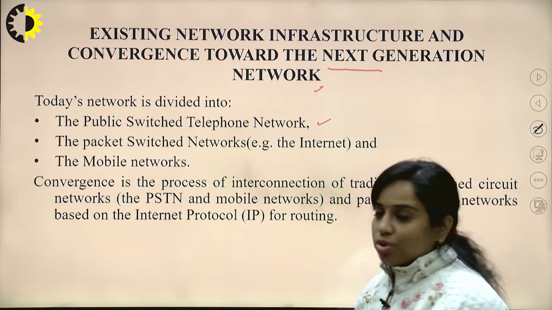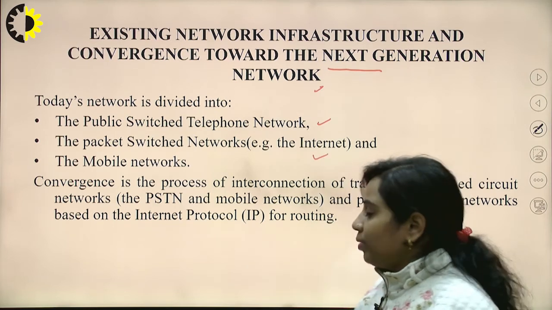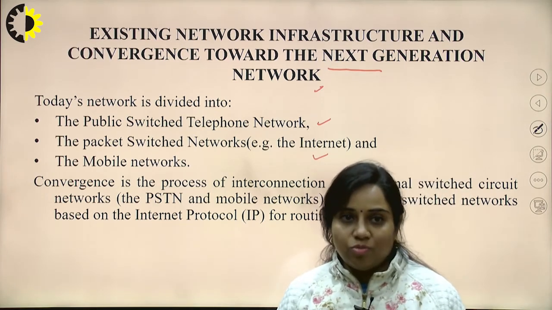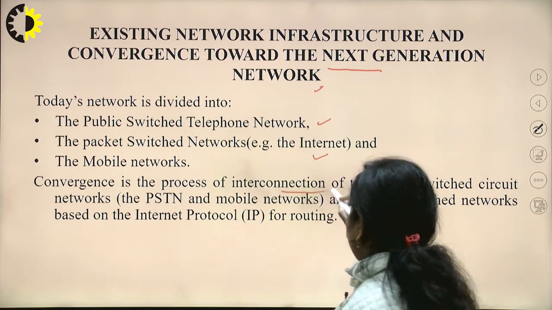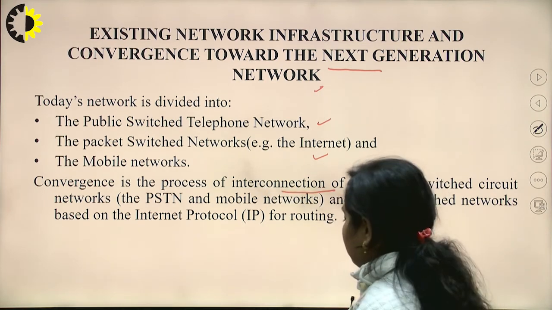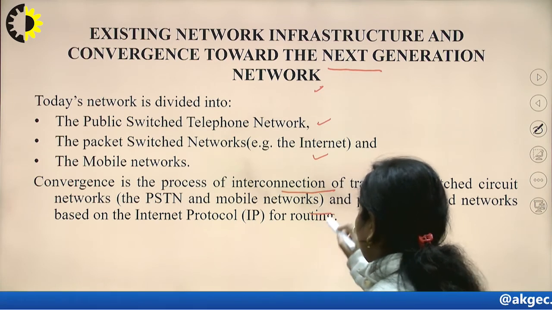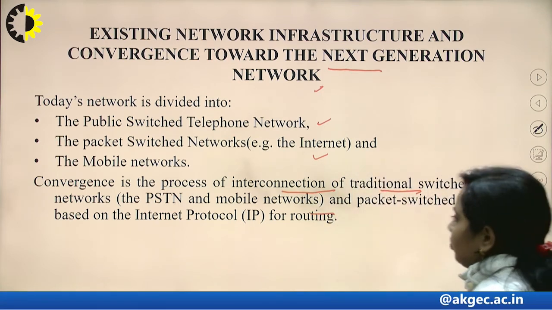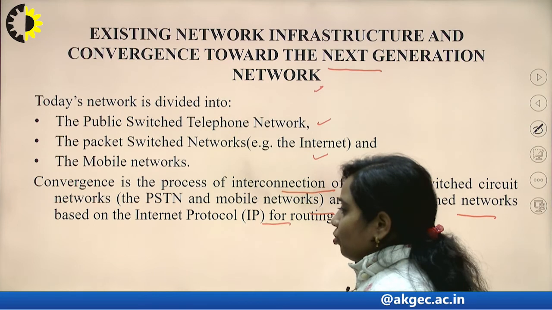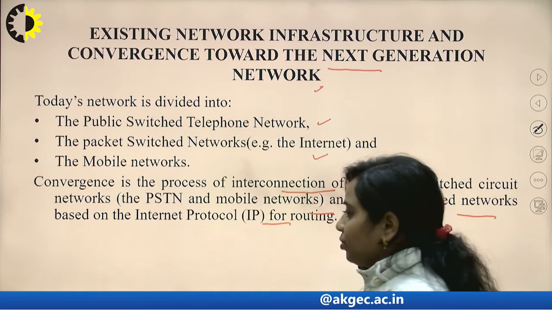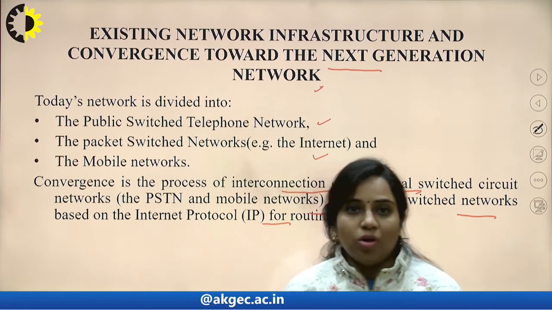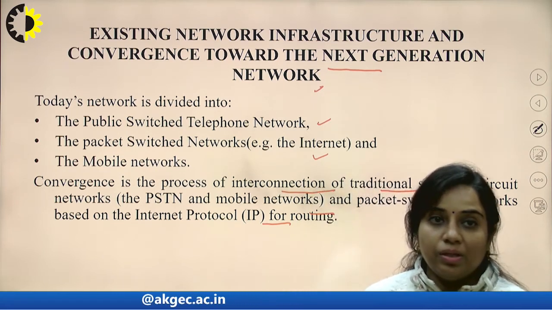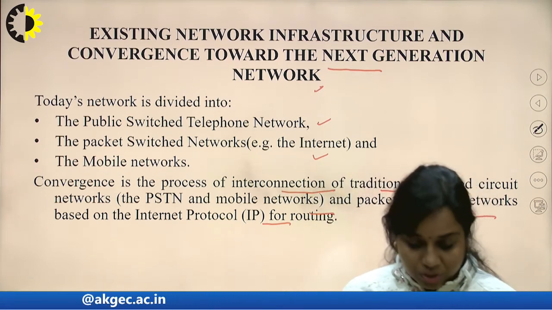The packet switched network is also there, which is used to transfer data in terms of packets, and the mobile network is there. So convergence is the process of interconnection of traditional switched circuit networks, PSTN and mobile networks, and packet switched networks based on internet protocol for the purpose of routing. That is the main aim of the existing network related to this next generation network.